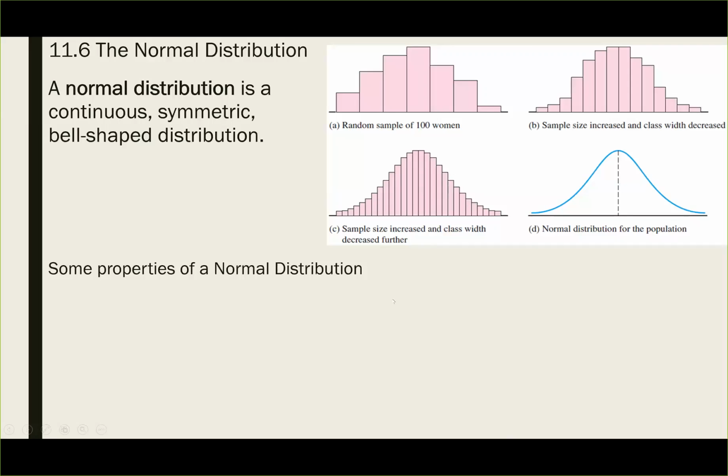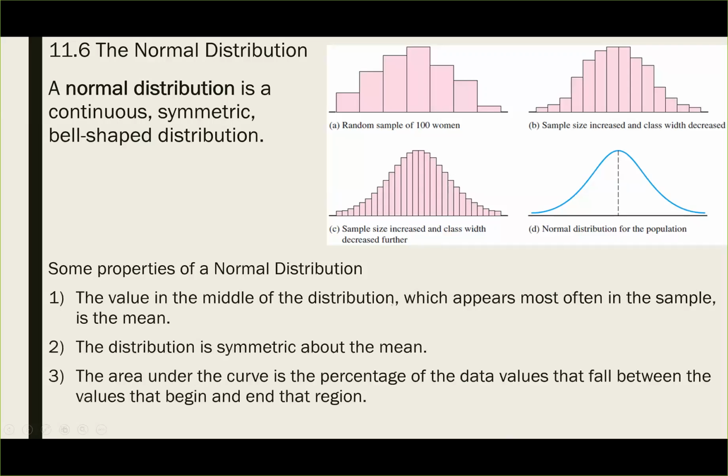This is a property of the normal distribution. The value in the middle is your mean, right smack in the middle of your bell-shaped curve. They are symmetric, which is 50% less and 50% greater than the mean.